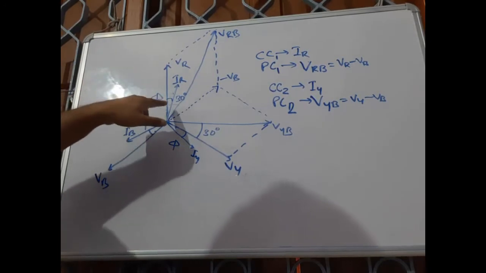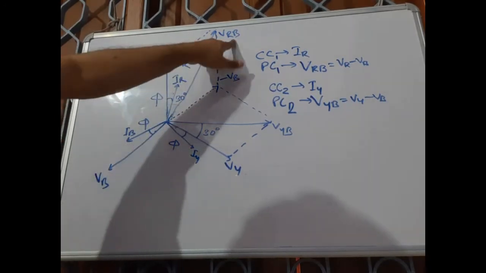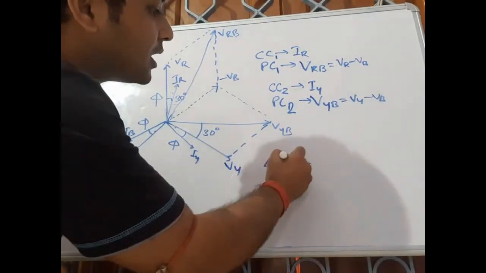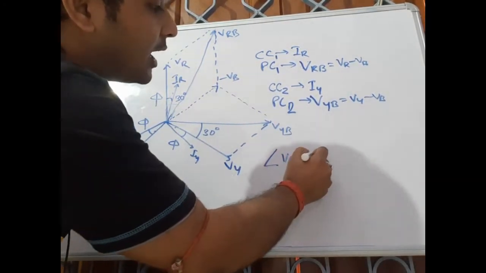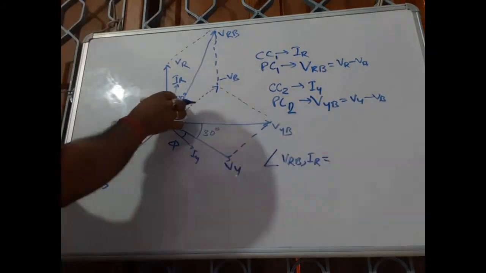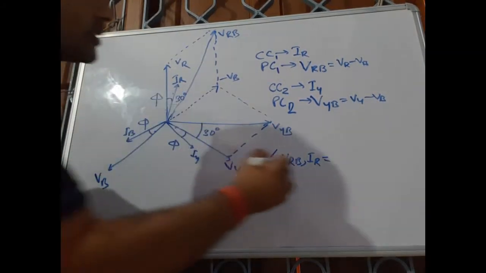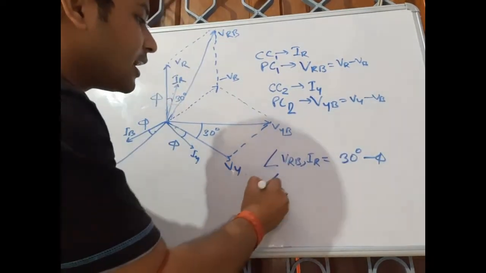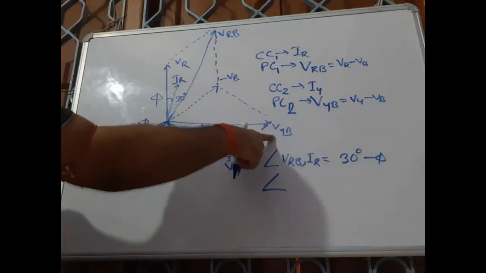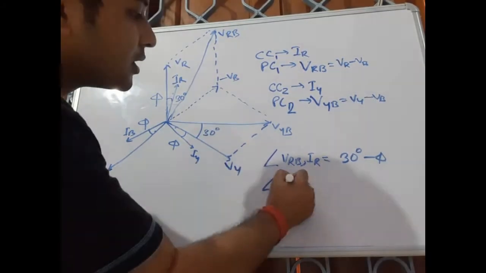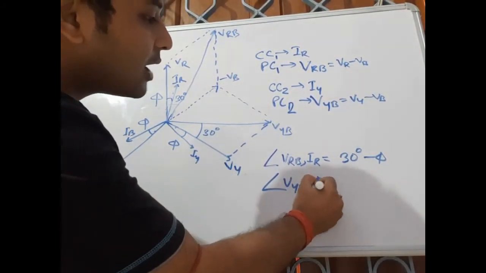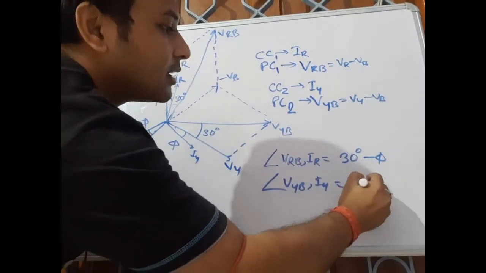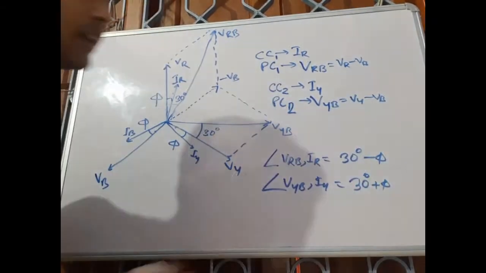So the angle between VRB and IR will be 30 degree minus phi, and angle between VYB and IY will be 30 degree plus phi, right?